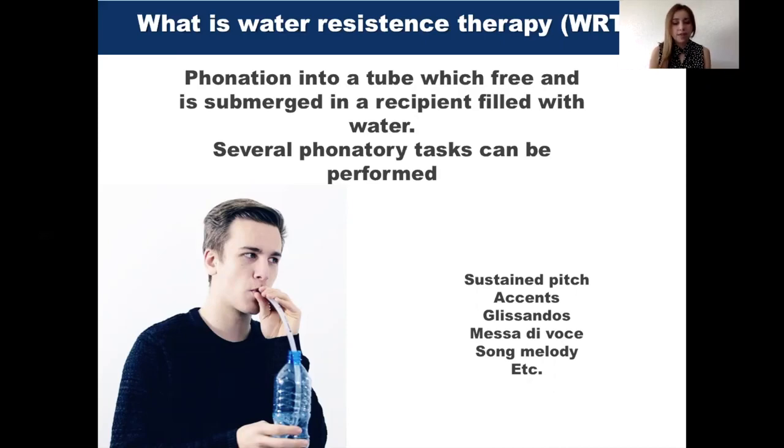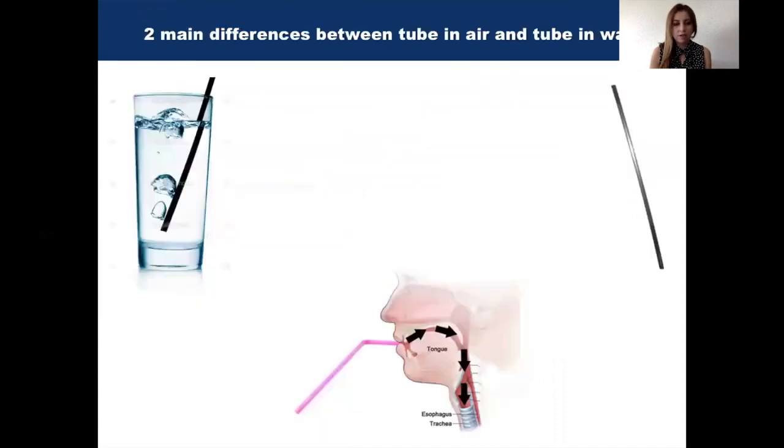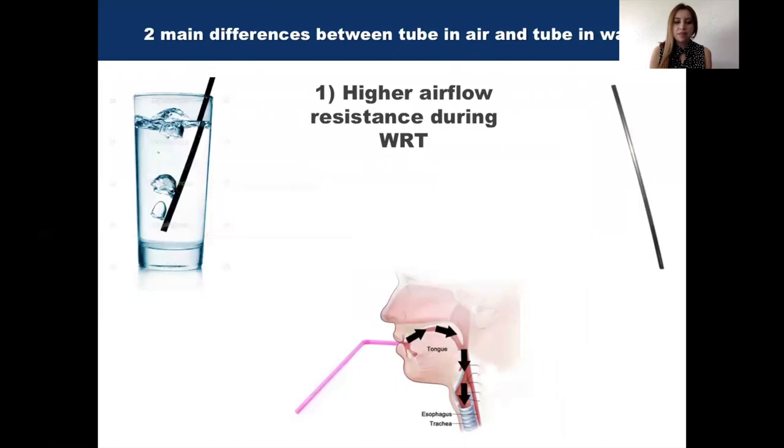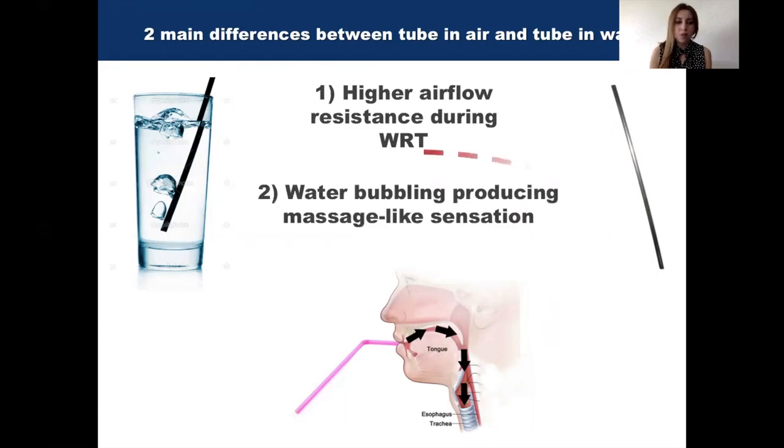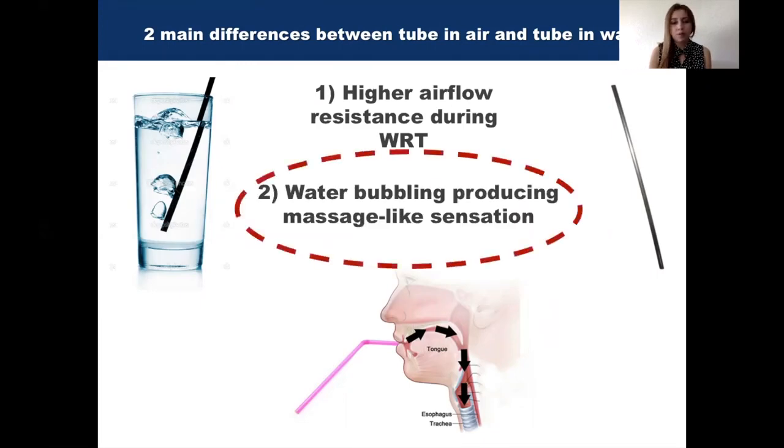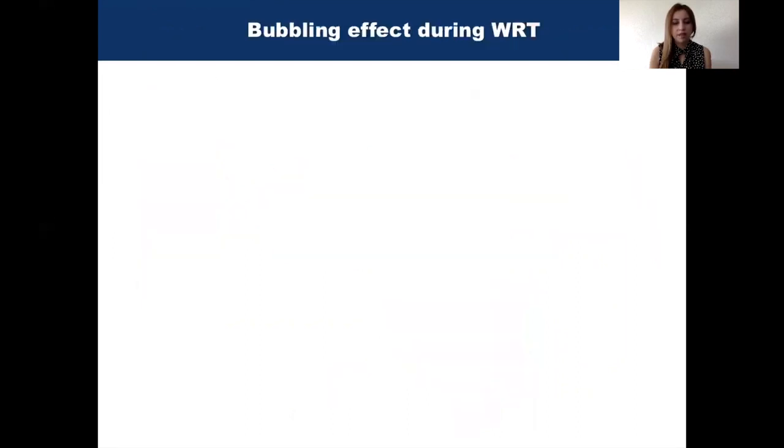Several phonatory tasks can be performed, such as sustained pitch, accent, glissandos, messa di voce, song melody, and others. We have two main differences between tubing in air and tubing in water. The first is the higher airflow resistance during WRT, and the second is that water bubbling produces a massage-like sensation.